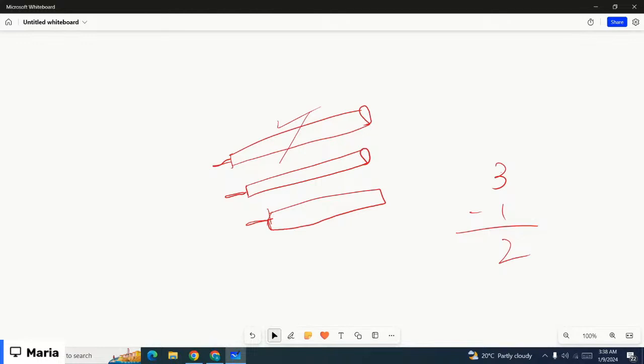So subtraction means taking away, right? A very basic and important concept in math.